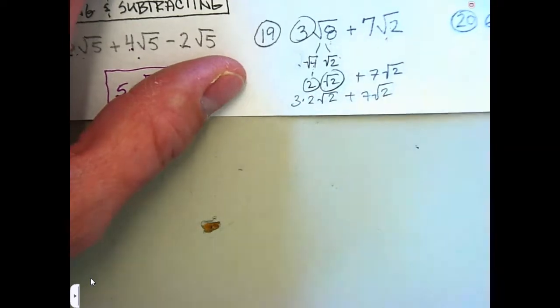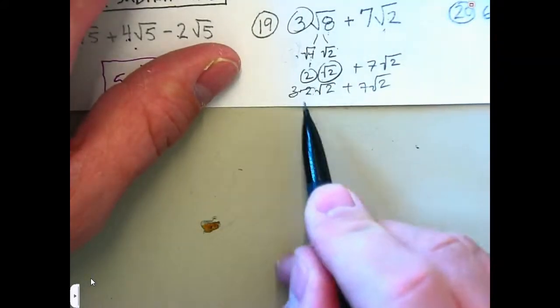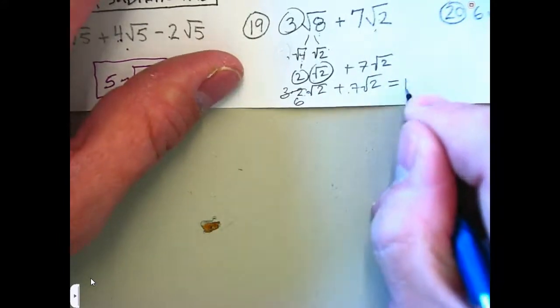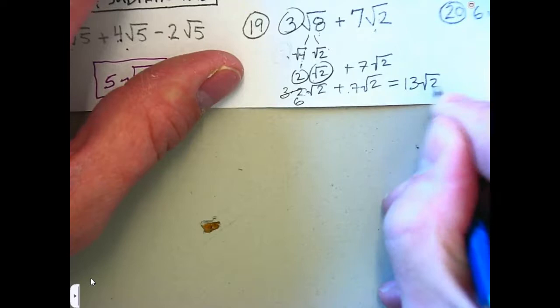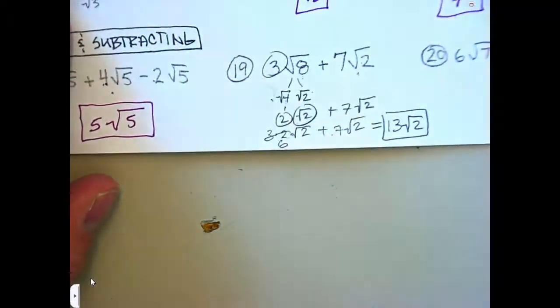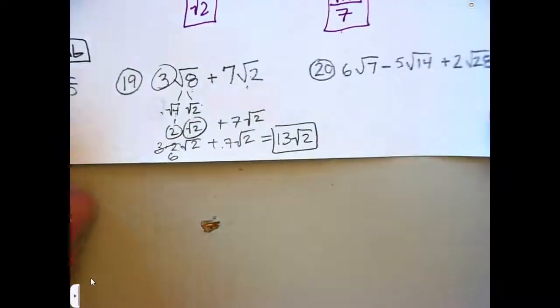Notice I have the same roots now. What is 3 times 2? 6. So we could call that 6 root 2 plus 7 root 2, which is 13 root 2s. You went too fast. 13 root 2s.